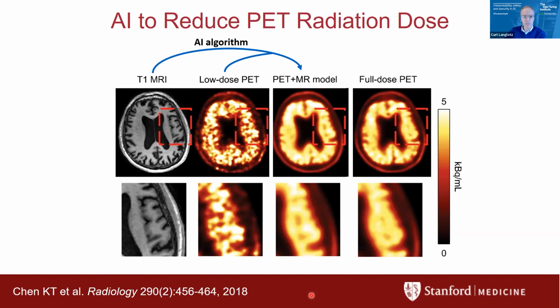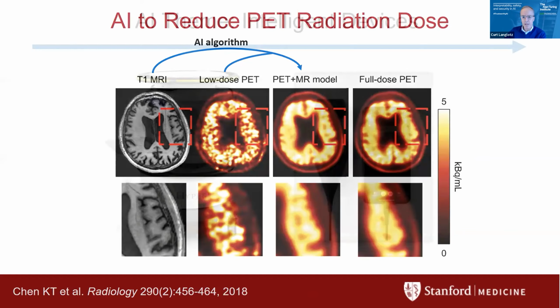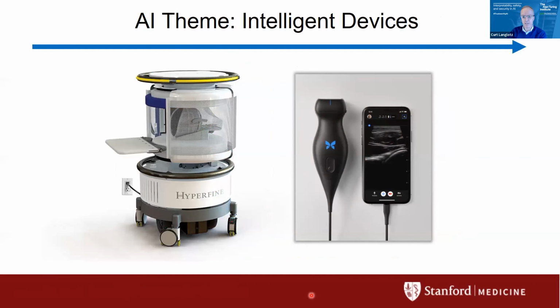The other way in which these methods will likely change the imaging business is through less expensive devices. So we're now seeing this is a portable MR unit that you can roll around the hospital. Here we have an ultrasound transducer that can be connected directly to a smartphone that's now widely used.